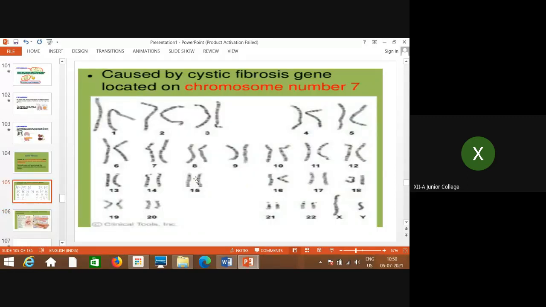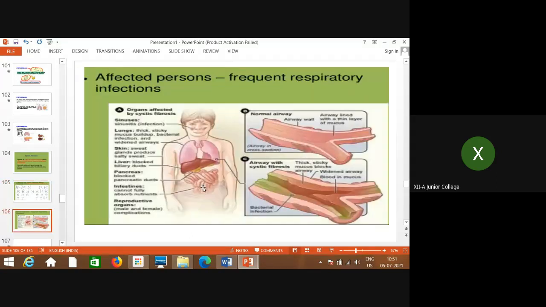This is chromosome number 7, which is responsible for cystic fibrosis. The gene is present on chromosome 7, and cystic fibrosis is expressed only in the homozygous recessive form, and it is considered autosomal. Affected persons generally have frequent respiratory infections.